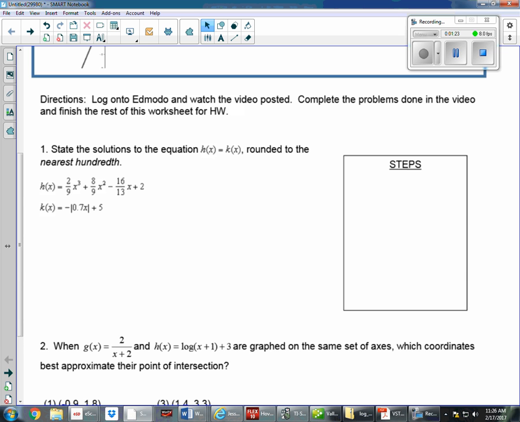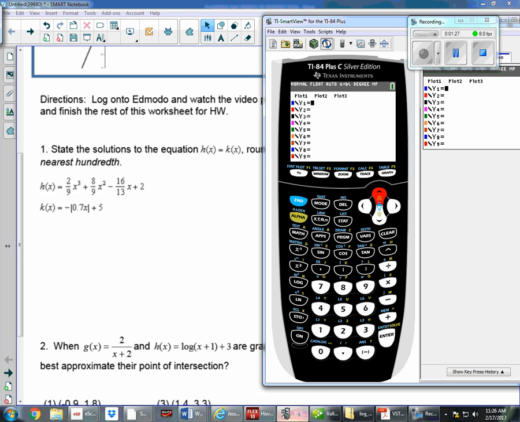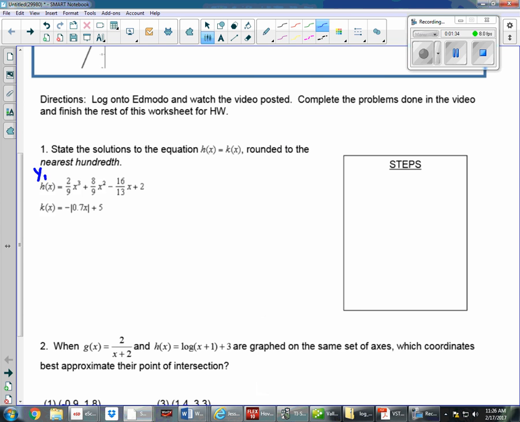The way we're going to work on this is using our calculator for assistance. So please take your calculators out. We're going to put h of x in y1 and k of x in y2, since they want to know where h of x is equal to k of x.